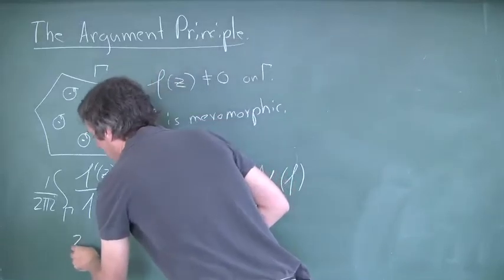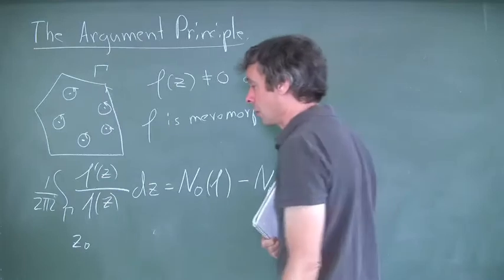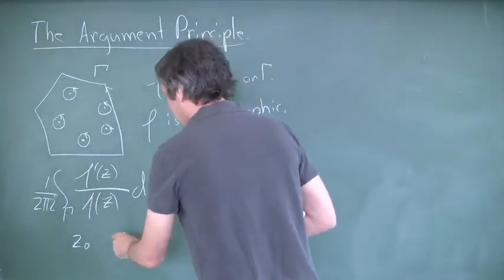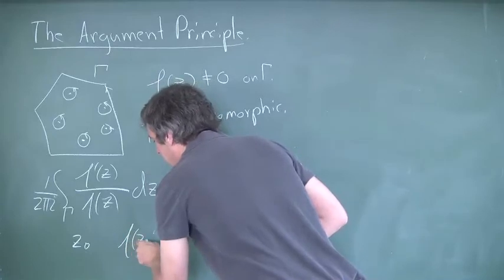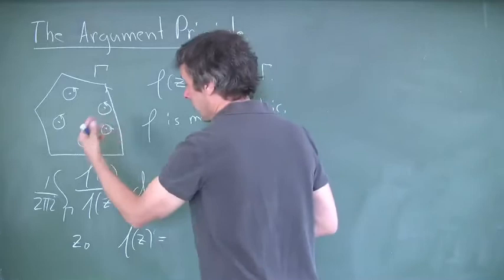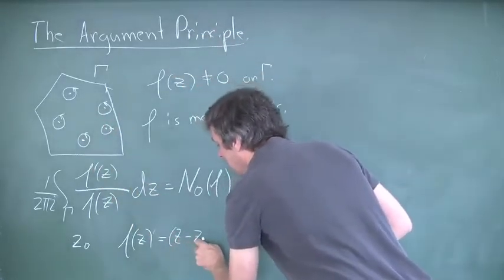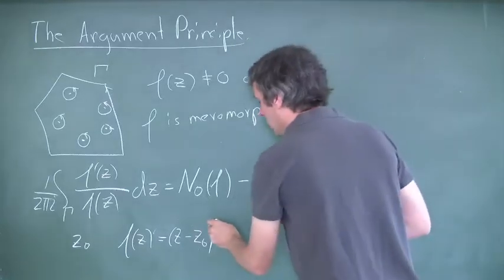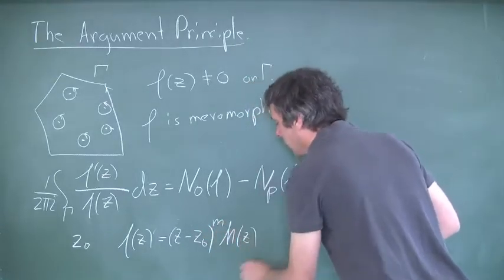So suppose that we have this point z0, which is either a zero or a pole. Then we know that we can write f of z in a neighborhood of that point, actually in the whole interior of the corresponding circle, as (z minus z0) to the power m times another analytic function h.